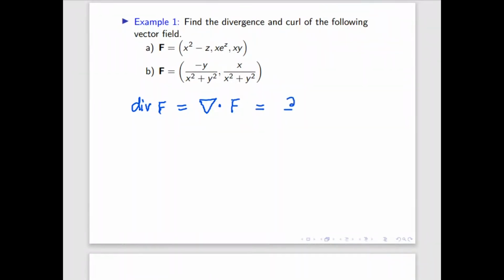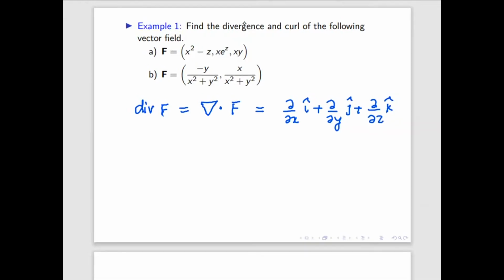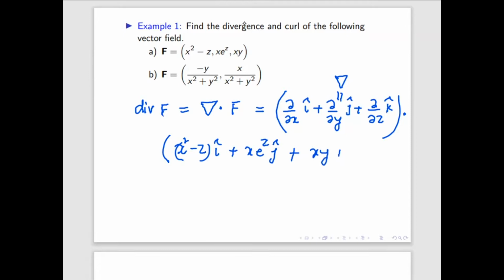So the del operator means del by del x i cap, del by del y j cap and del by del z k cap in 3 dimensions. Then dot product with f, where f is x squared minus z i cap, plus x e to the power z j cap, plus xy k cap.